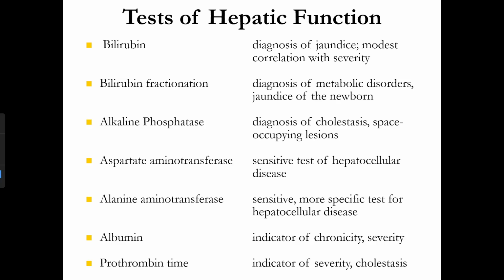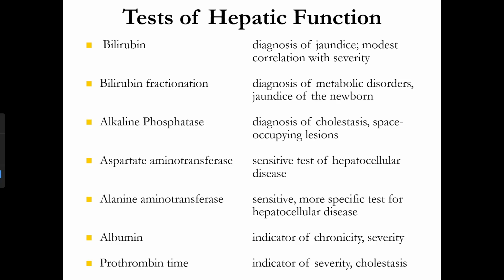So bilirubin is measured to diagnose jaundice, modest correlation with severity. Bilirubin fractionation, the diagnosis of metabolic disorders or jaundice of the newborn. Alkaline phosphatase, the diagnosis of cholestasis, space-occupying lesions.